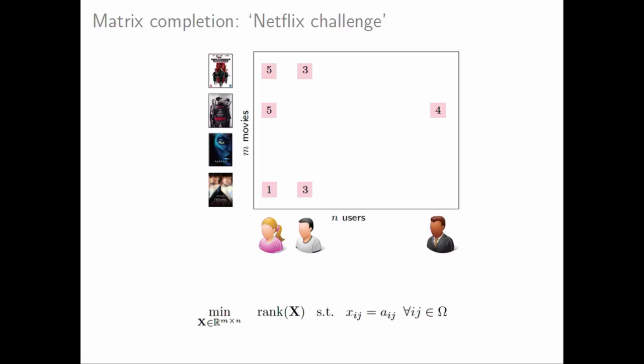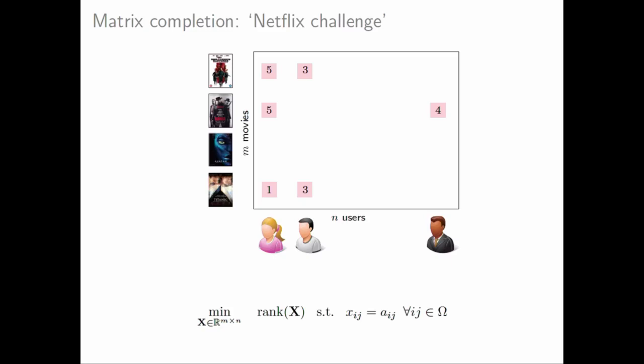Basically, every person, even if he or she spends all their lifetime watching movies on Netflix, will probably see just a small fraction of what is available. And they want to fill in all the missing elements. The classical approach is minimization of the rank of the matrix, trying to fit to the data some low-dimensional structure that explains the data and is consistent with the observations.